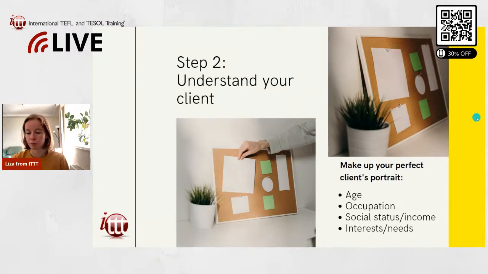Right here, if you think about a specific segment, a specific type of client, share your ideas and I will let you know my point of view, and maybe our viewers will also suggest something.